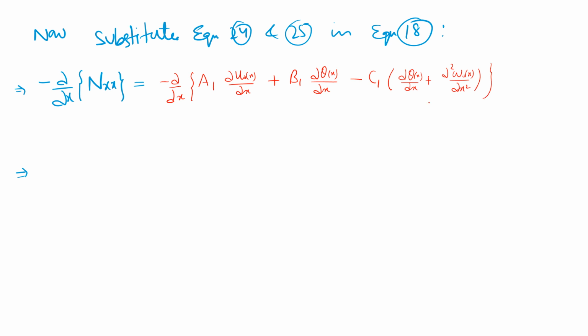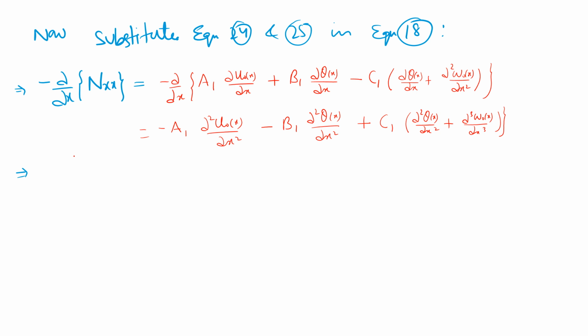Okay, so if we take the derivative of this, we will get minus a1 into ∂²u0(x)/∂x² minus b1 into ∂²θ(x)/∂x² plus c1 into ∂²θ(x)/∂x² plus ∂³w0(x)/∂x³, and so on.